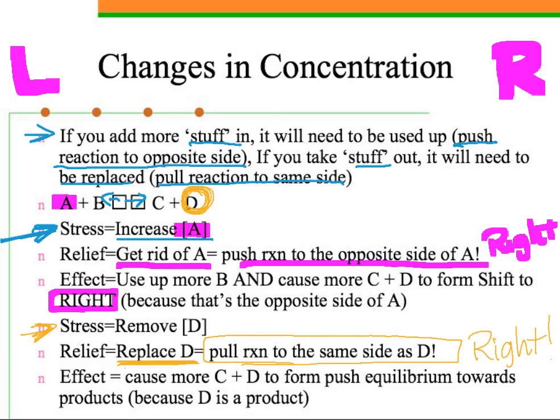The effect again is we're going to cause more C and D to form. We're pushing the equilibrium towards products, which is also another word for the right side of the equation, because D is a product. So that's the changes in concentration.